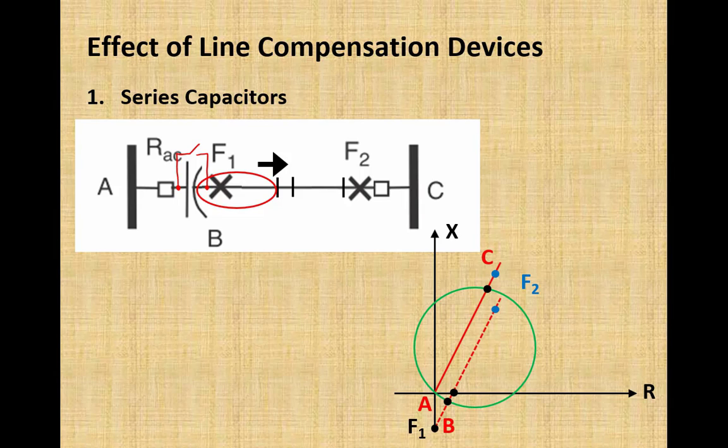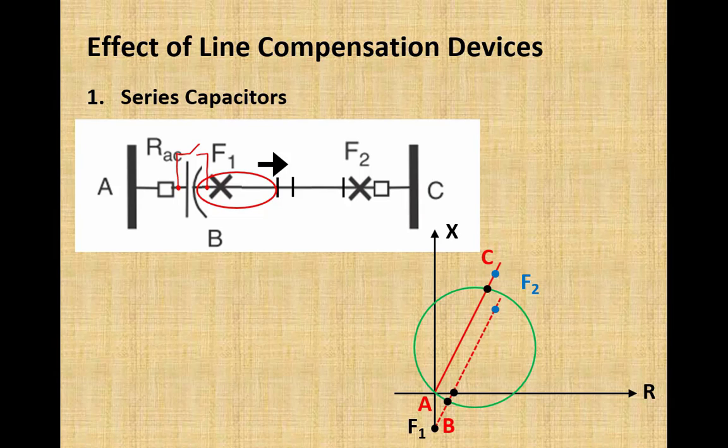I'm repeating it again. In case of this fault F1, which appears to be a fault outside the zone of protection due to the discontinuity introduced by this capacitor, how is this fault cleared? RAC will not be able to detect this fault. So this fault would be detected first by the capacitor's dedicated protection. That protection will isolate this capacitor by closing a switch in parallel to it.